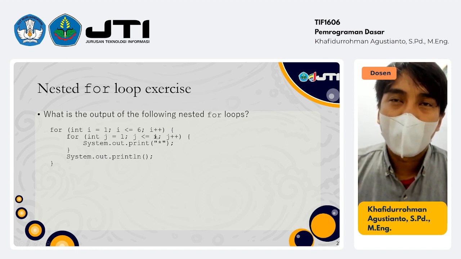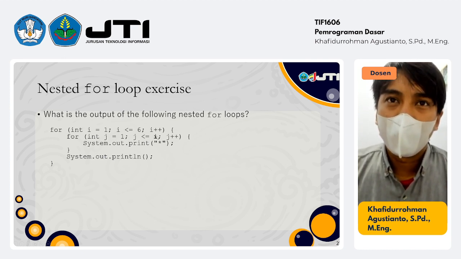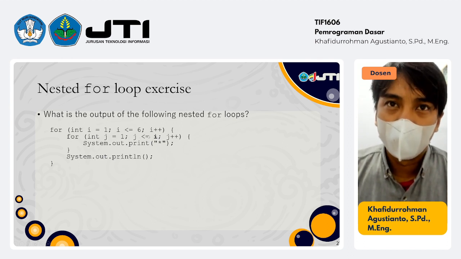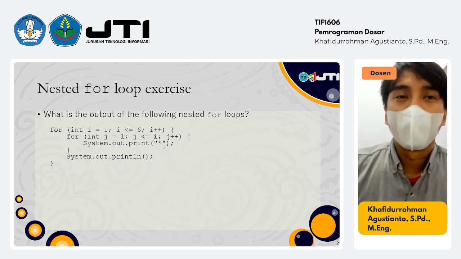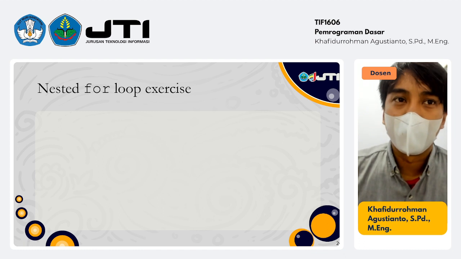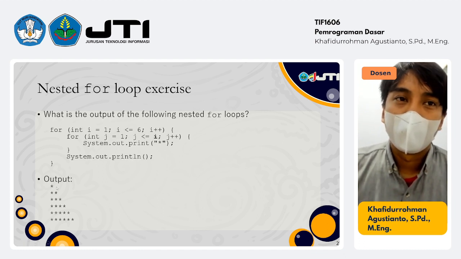So the difference with the first Agustianto's example is that in this example we use e as the variable of the second form. So these e values are used for the nested form. The output should be like this.